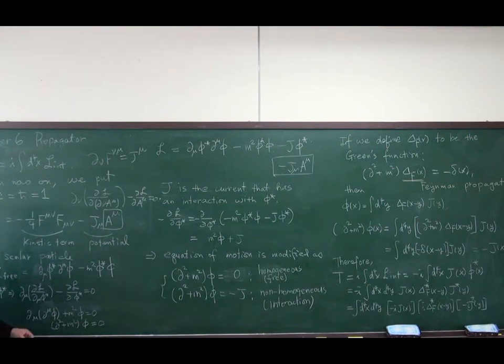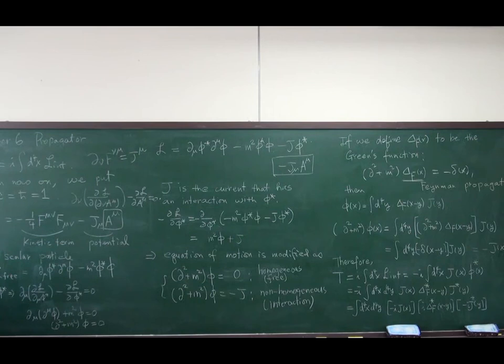So phi 1 and phi 2 are independent, and in the same sense, phi and phi star are independent. The equation of motion for phi can be obtained by imposing the variation principle for phi star. If I take the derivative for phi star, the final result for the equation of motion of phi is the Klein-Gordon equation.